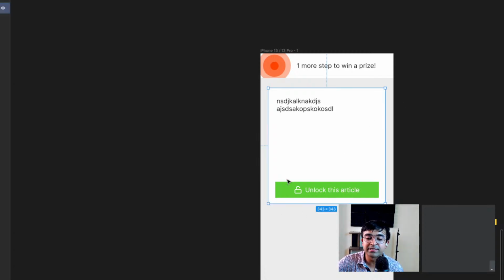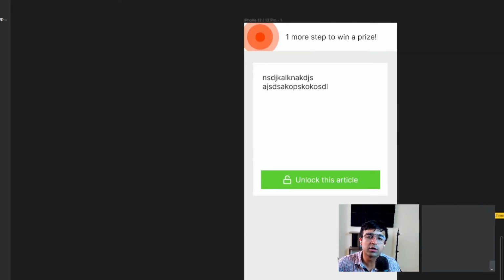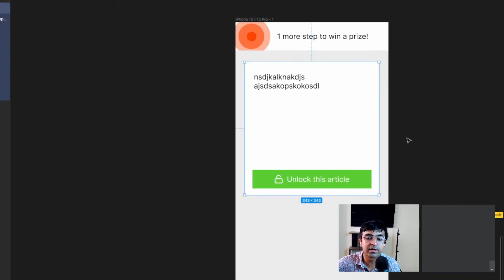I've just created something here on screen. It's called unlock this article. A lot of times when you look at certain articles on Medium, they might be paid articles, but they let you read a little bit, and then at the end they say unlock this article for this. So this is a way of nudging, as Velumurugan very rightly said, that a nudge can act as a little blockage also, which is good for the business, because the business requires people to buy their products and subscriptions.